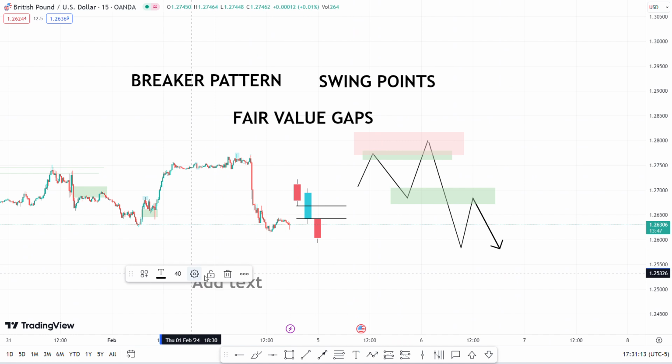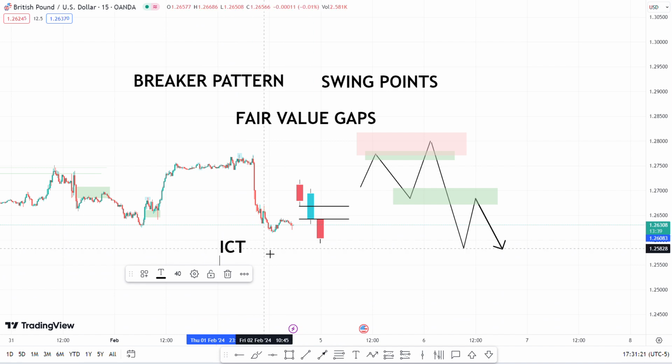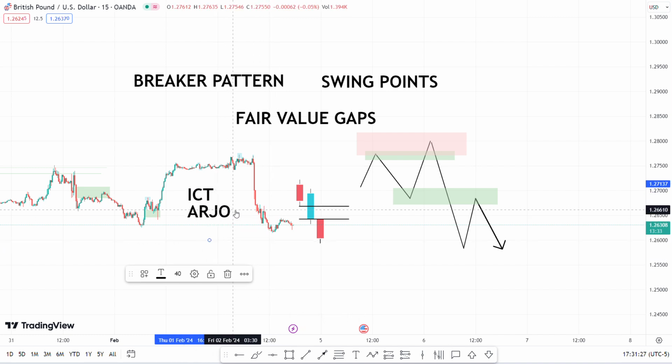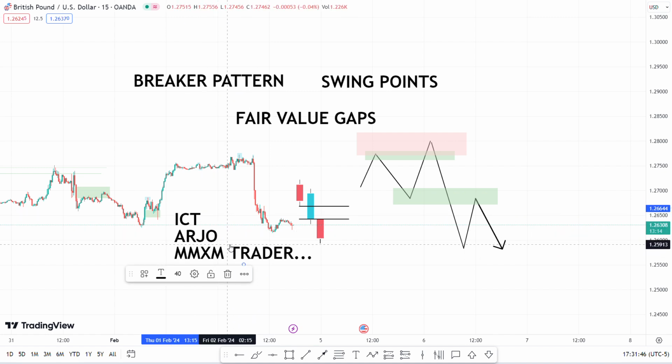Sometimes I'm using other things, but yeah, these are the most important to me. And if you're looking for more insight, SG R Joe, swing basically value gaps, and then MMXM something dot something. I think MMXM trader, something like that. Those are the three that I would say are worth following.